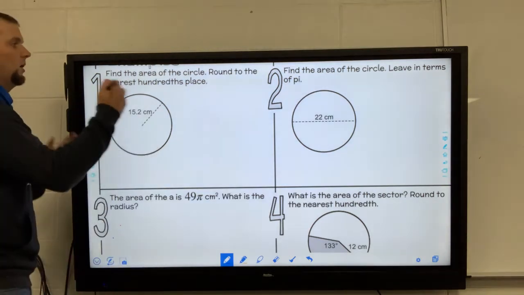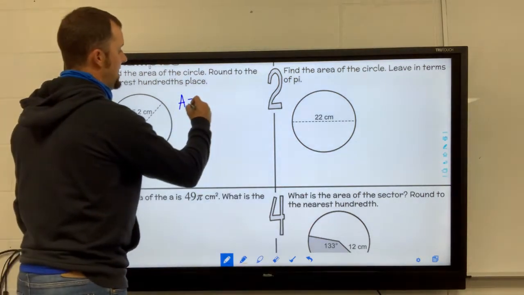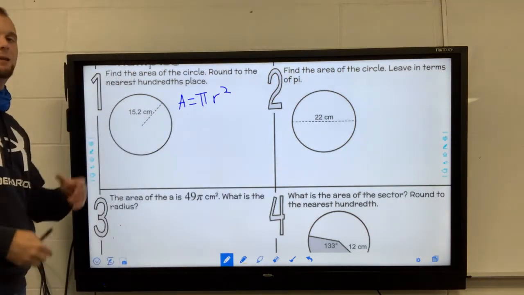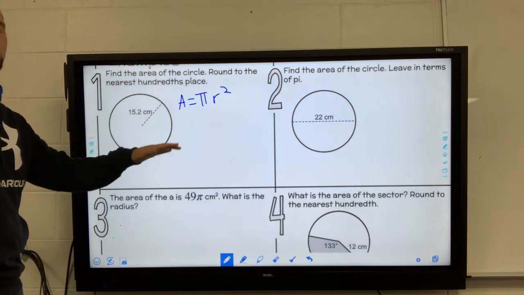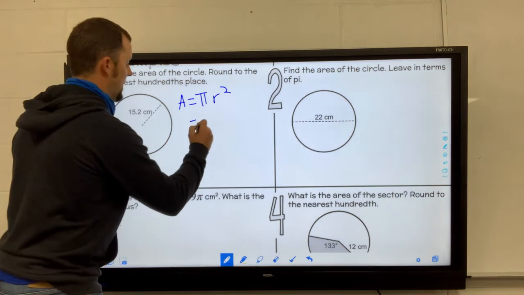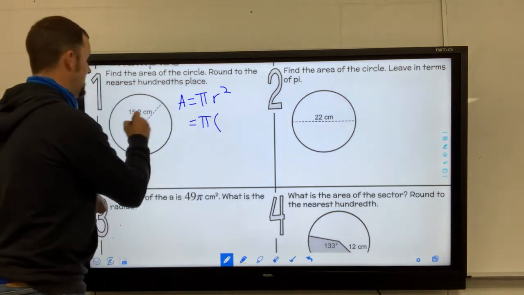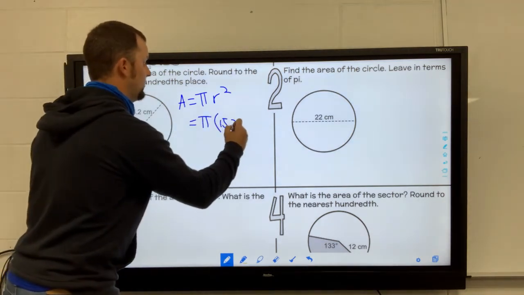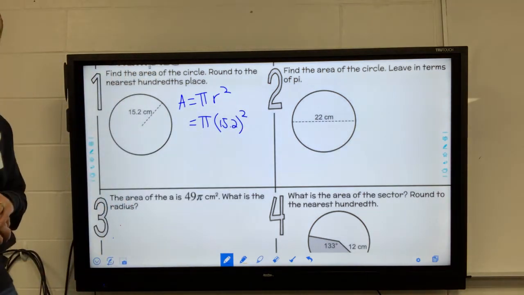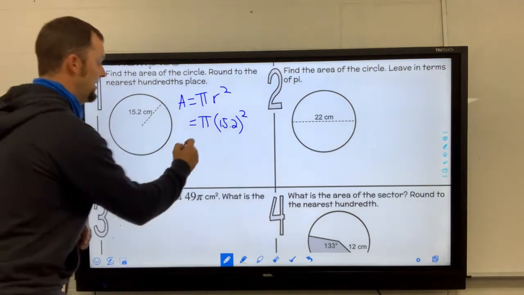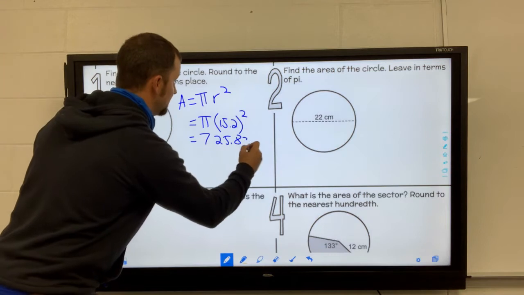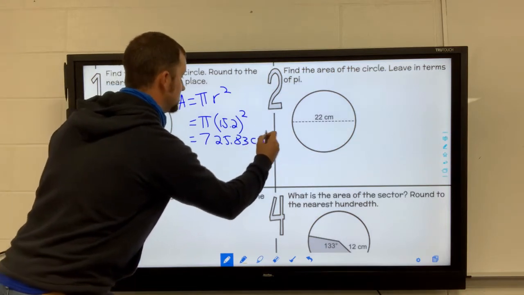Real quick, area of a circle, pretty simple. A equals pi times the radius squared. Literally all I need to do is take my radius, plug it into the formula, do some math, and solve for it, which gives me my answer. So area equals pi times the radius, which is 15.2, and then I'm going to square that. When I type that into my calculator and find my answer with pi, that gives me 725.83, and that would be centimeters squared.